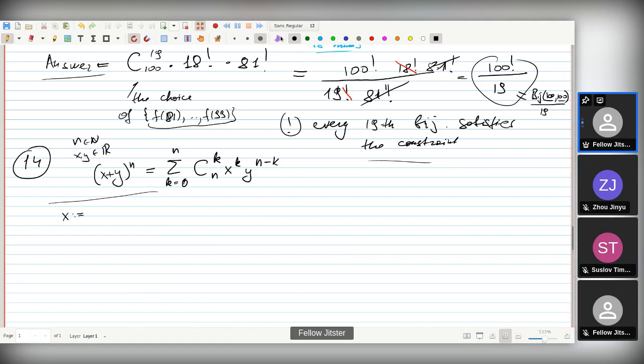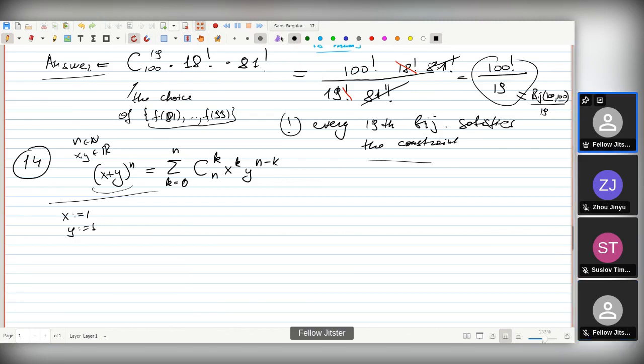What if we take 1 for x and for y as well? What will the result be? Just one. Okay, let us compute the left-hand side. Substitute 1 for x and 1 for y. It will be 2 to the power n.